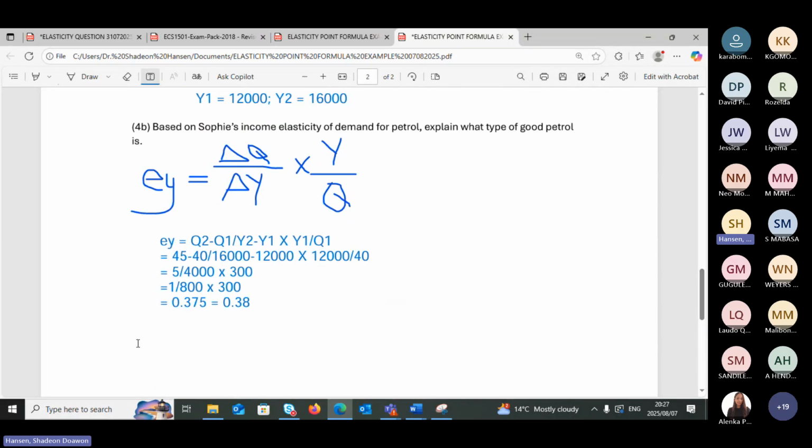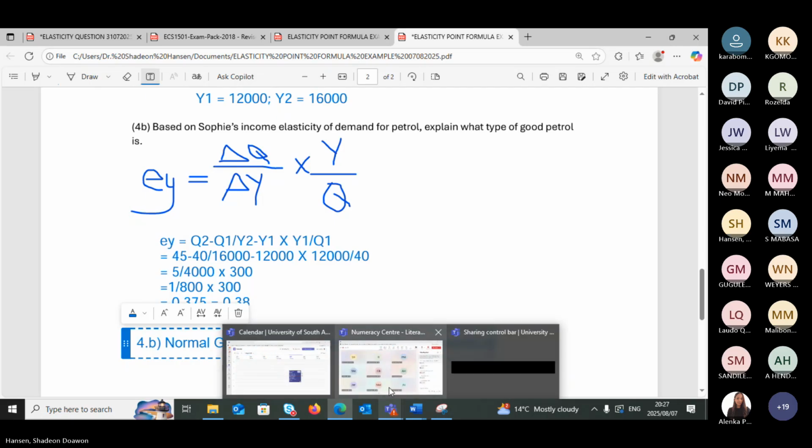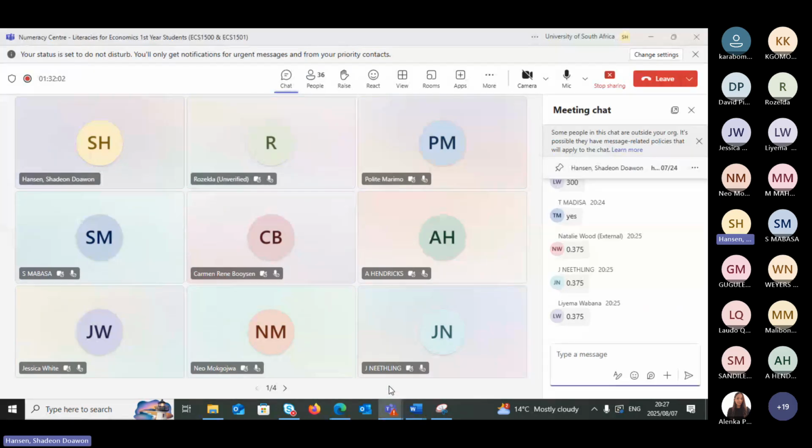Okay, you can put there 4B is a normal good and also an essential good, or we can say it is a necessity. Are we sorted, students? Perfect. I'm also going to upload that.